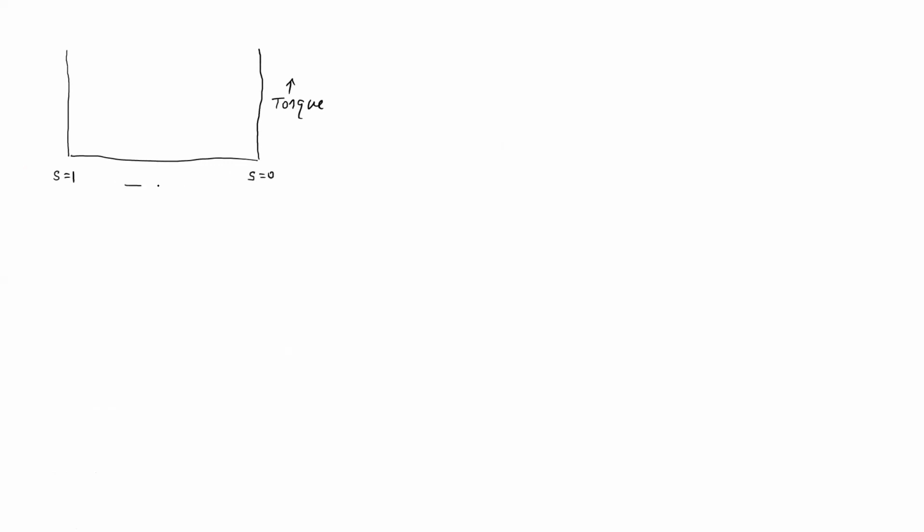So the slip is increasing in this direction, and speed N is equal to 0 at the time of starting, and here the speed of motor is increasing, and here N is equal to synchronous speed.